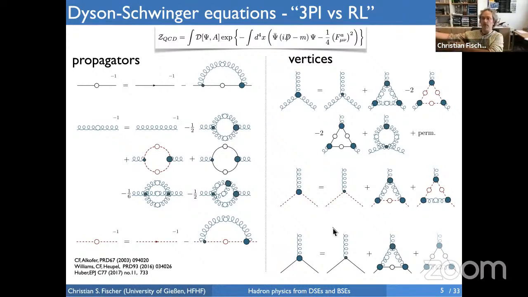So this exact system of equations forms an infinite tower, which can only be solved in certain limits, not in general. So if you want general solutions of these equations at general momenta, you have to truncate, you have to break this infinite tower at some point.